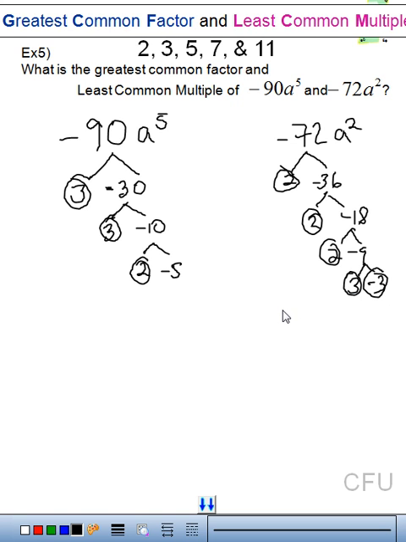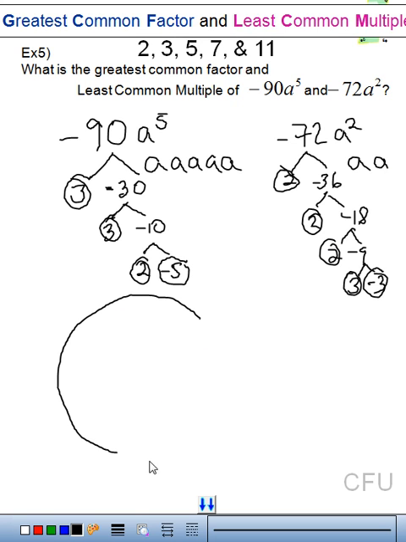Okay. Some of you factored, who factored a negative 1 at the beginning? You could have done that also. Okay. Let me continue. What are my prime factors for a to the 5th? A times A times A times A times A. How about over here? A times A. Okay? So let's see. Here's my Venn diagram.